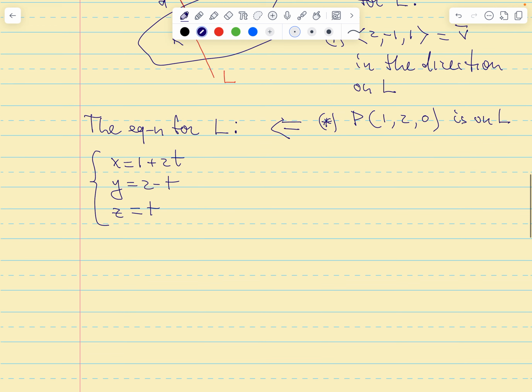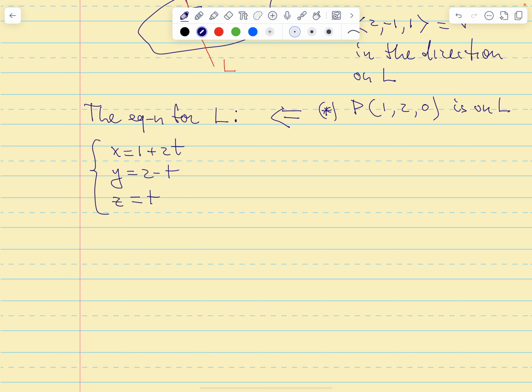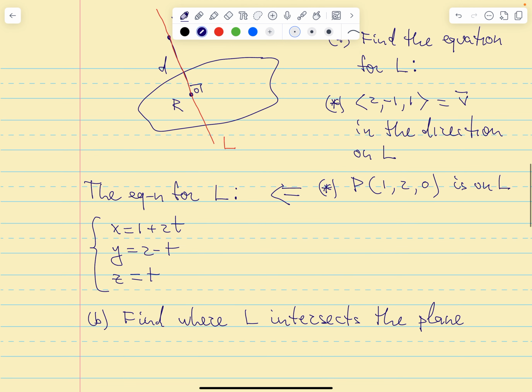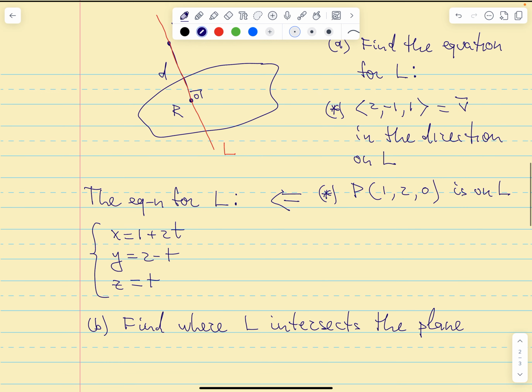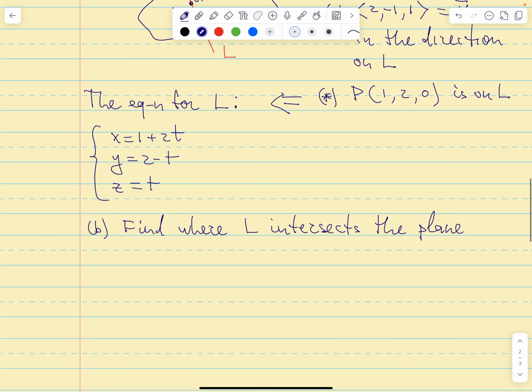Then the second step, I want to find where L intersects my plane. So the plane again is 2x minus y plus z equal to 4.